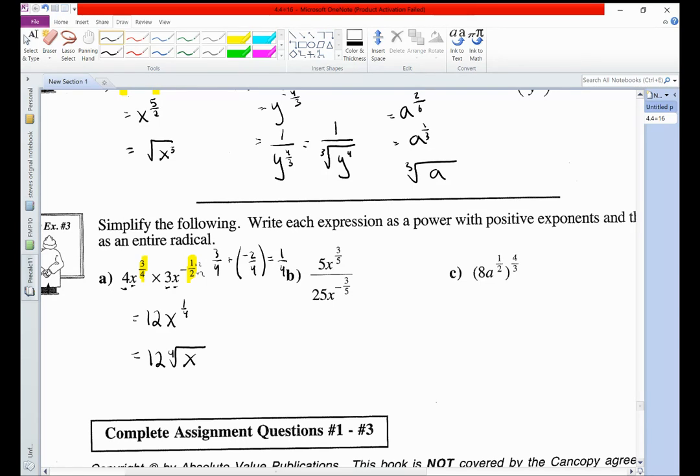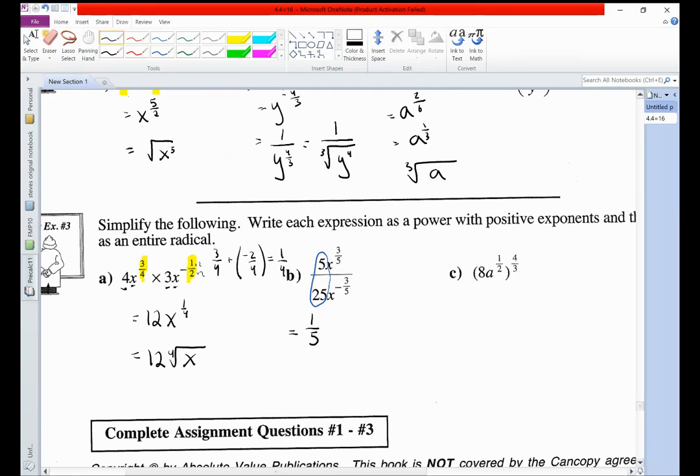Now we are looking at exponents with the same base, and we're dividing, so we end up subtracting those exponents. If you want to solve it left to right, 5 divided by 25 is the same as 1/5. And now we have x to the power of 3 over 5 divided by x to the power of negative 3 over 5.